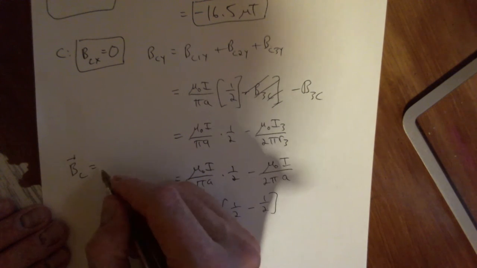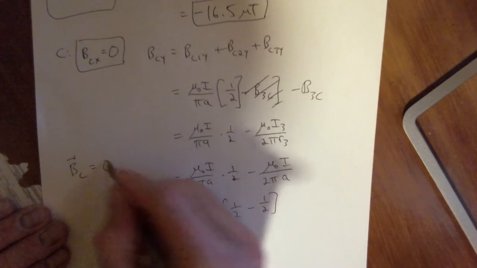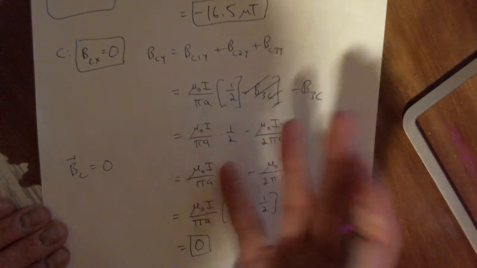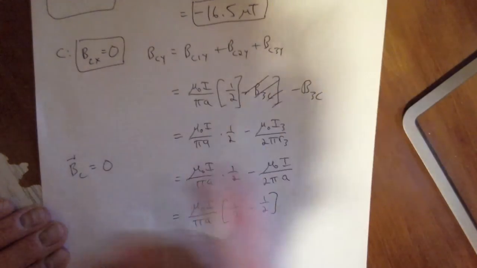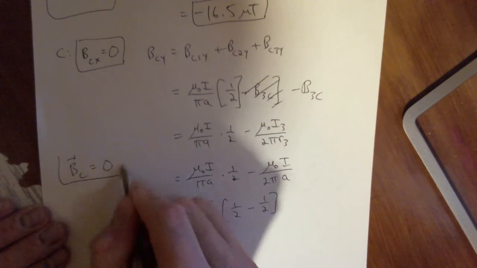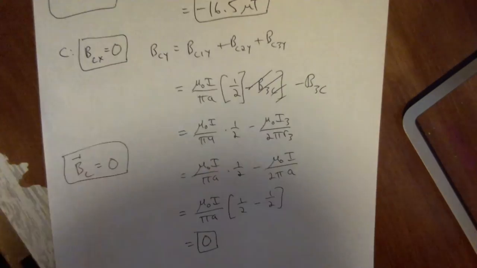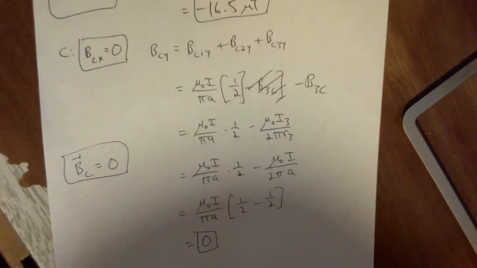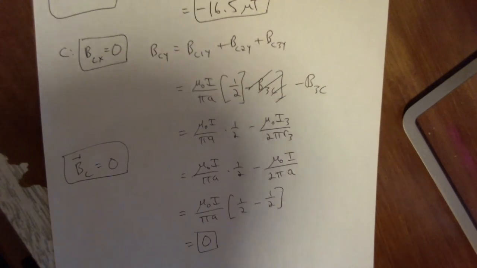The direction of 0 is, it has any direction. It has no direction. So B at C is just 0. Okay, and I got 0 here.